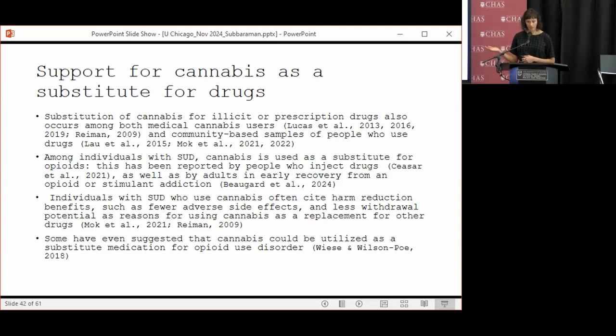There is a high prevalence of reports of cannabis being used as a substitute in these populations. Folks often cite harm reduction benefits as a reason for using cannabis as a substitute, so fewer adverse side effects, less withdrawal potential. And some have even suggested that cannabis could be used as a substitute medication for OUD, opioid use disorder.